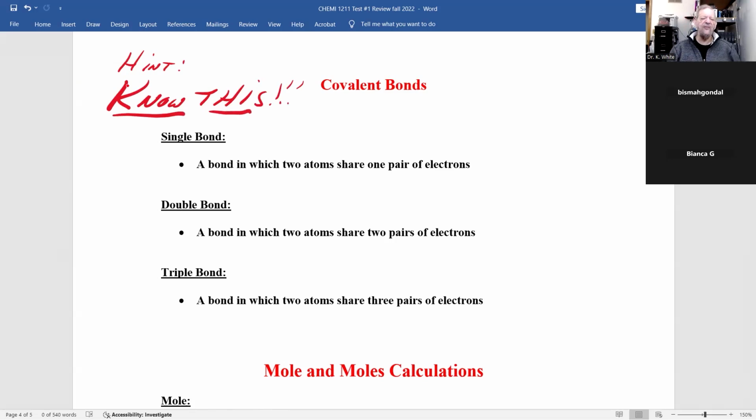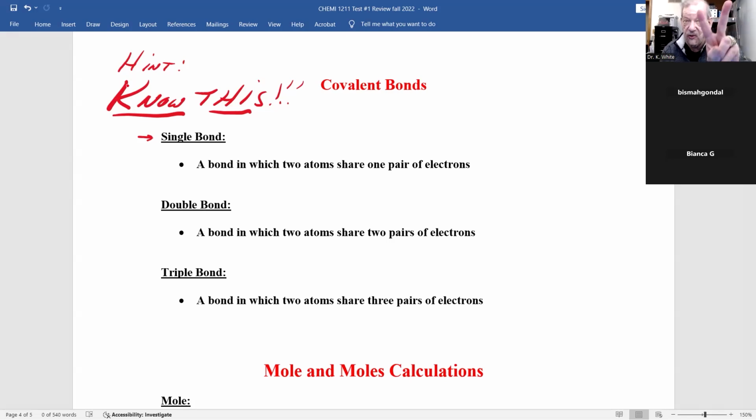And let's talk about the types of covalent bonds. The first type is a single bond. A single bond is a bond in which 2 atoms share 1 pair of electrons. A double bond is a bond in which 2 atoms share 2 pairs of electrons.